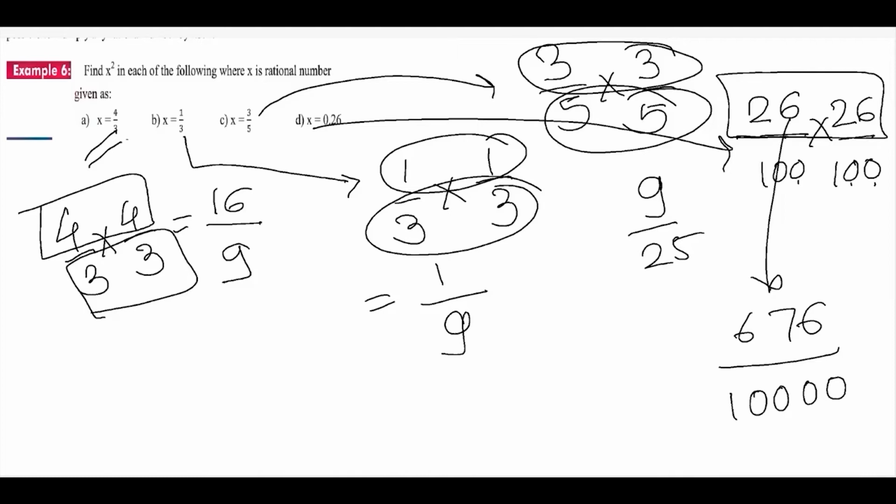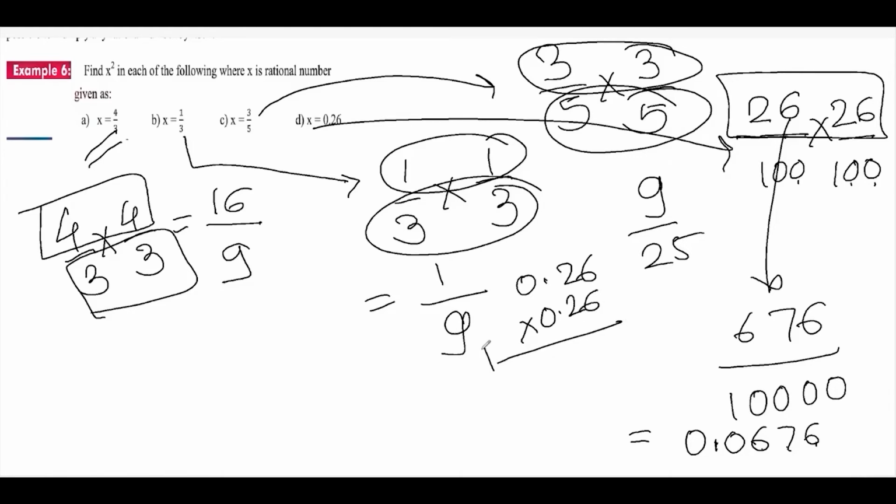And then if you find the decimal, it becomes, so 1, 2, 3 and 4, and the decimal you place here. If you don't want to go this way, you can just do 0.26 multiplied by 0.26, and you can do the normal multiplication.